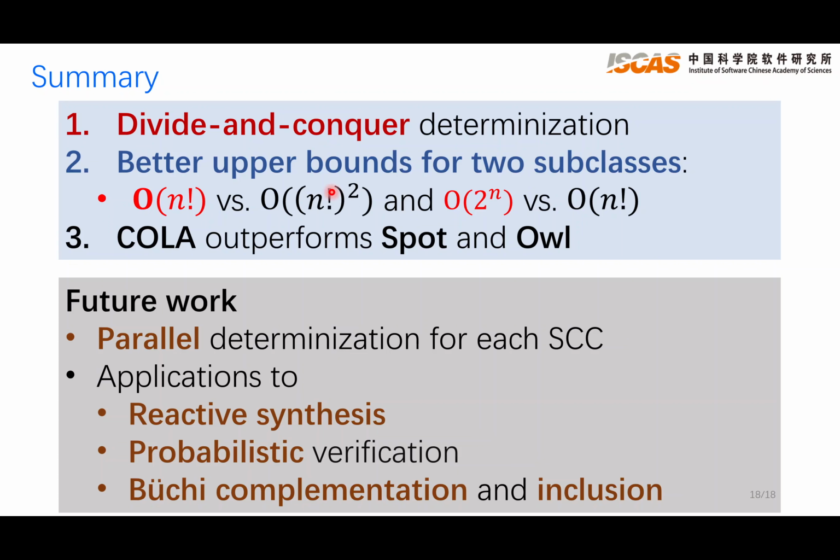With our determinization construction, we show that two subclasses of Büchi automata have exponentially better upper bounds than previous results. We also demonstrate that our implementation Cola outperforms Spot and Hour on a large set of benchmarks, which indicates that our algorithm is practical.